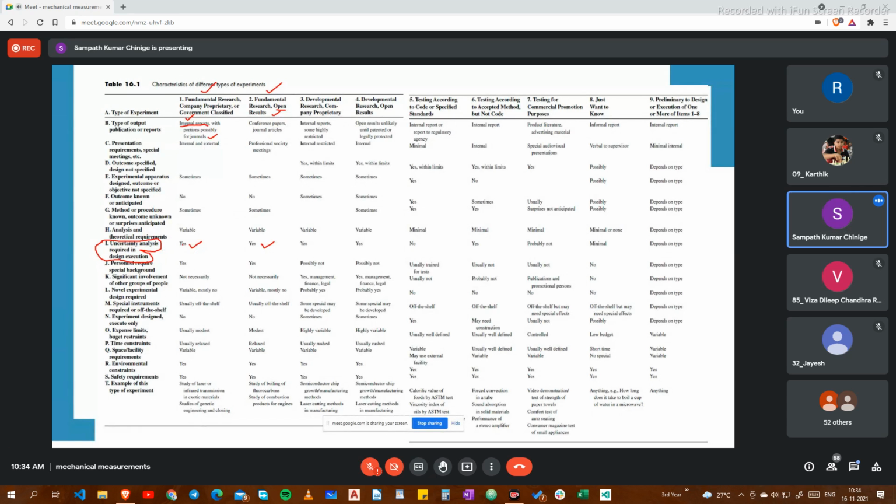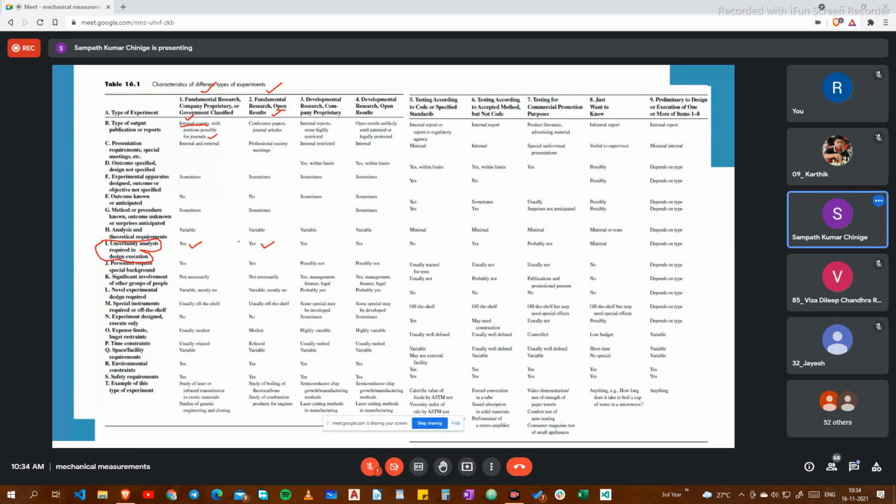This analysis is not a very difficult process. Whatever you have learned in the previous chapters, in the second chapter, should be enough. Even though some experiments may require statistical methods, which is an in-depth process, in general the simplest methods that we have discussed in this course are more than sufficient for carrying out the uncertainty analysis for fundamental research, both proprietary type or open research.